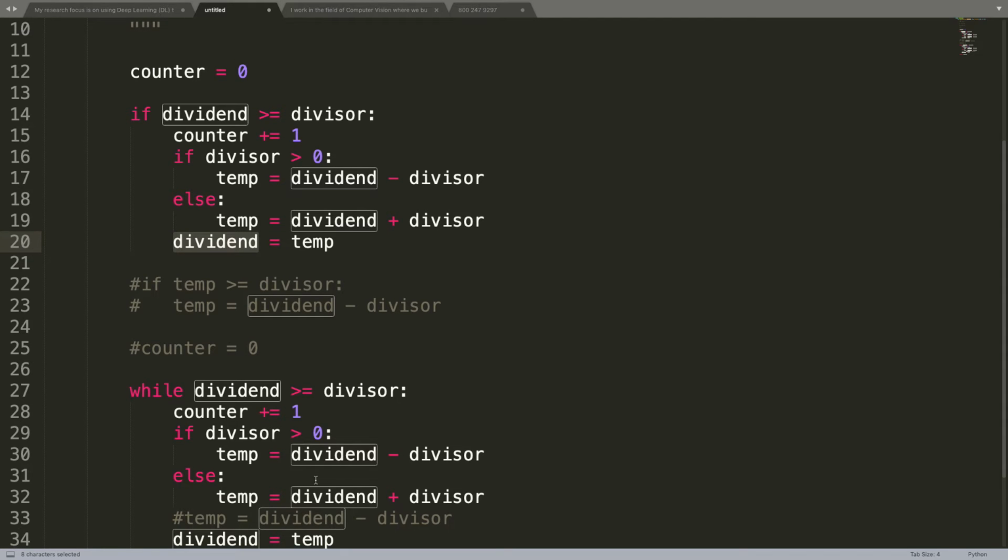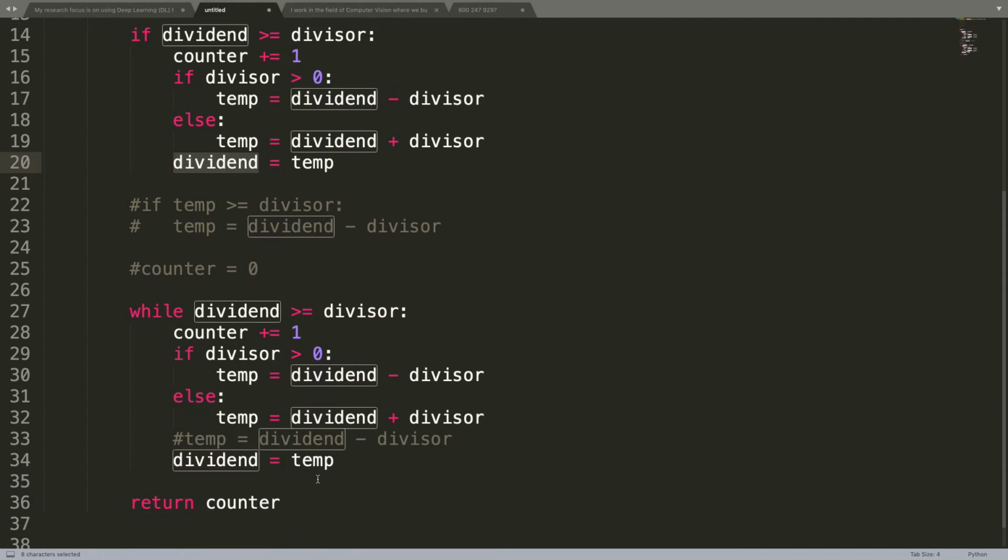No. So temp will become dividends 4 plus minus 3, which will give us 1. So our dividends become 1. Then it goes back. Is 1 greater than or equals to minus 3? Yes.